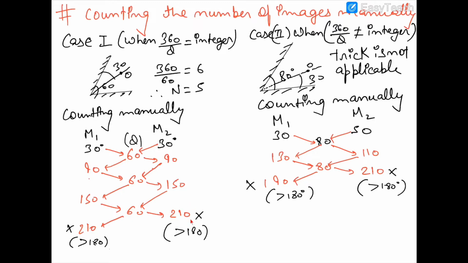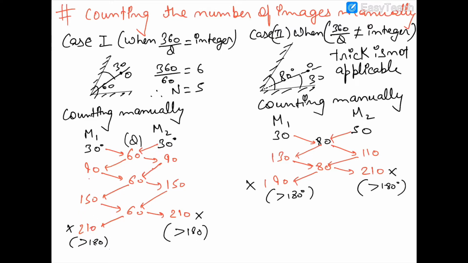So an image of a mirror will not be in front of that mirror if the object is in front of that mirror. So an angle greater than 180 degrees should be discarded. So I have discarded this angle because it is greater than 180 degrees, and I have discarded this angle also.